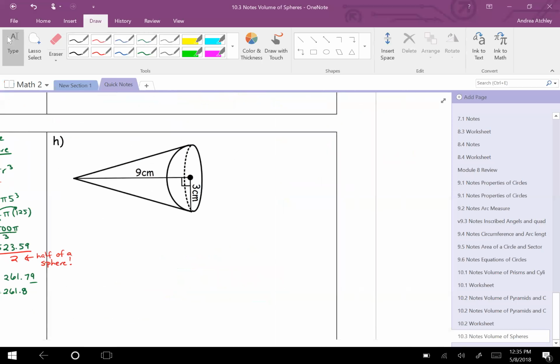Okay, we have two shapes here. We have the cone, and then you have the hemisphere again, right? What's different about this? Anyone have an idea of what's different about it? At the very end, what should we do?